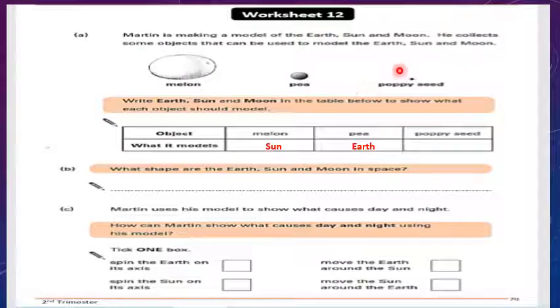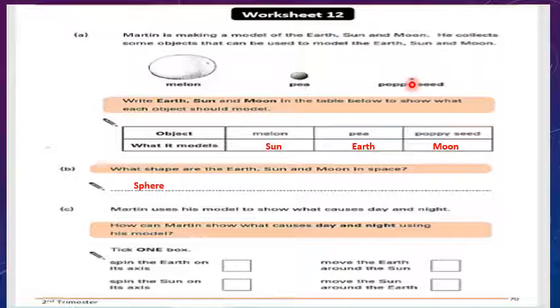And last but not least is the poppy seed, which is the smallest among all of them, and that will make the poppy seed the Moon. The next question says, what shape are the Earth, Sun, and Moon in space? We know that the Earth, Sun, and Moon are balls, or by a more scientific name, we call it a sphere.